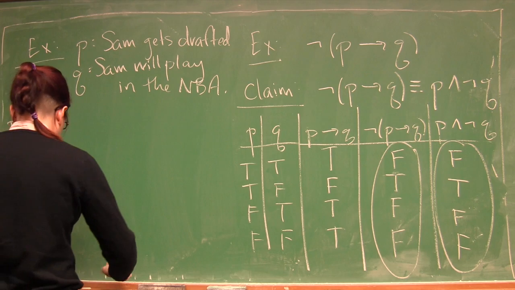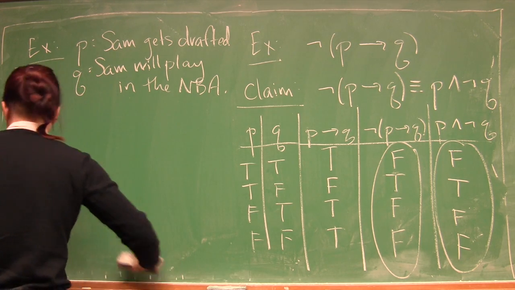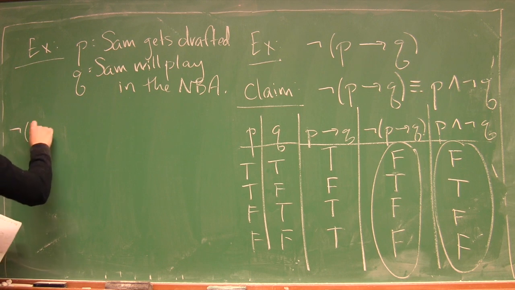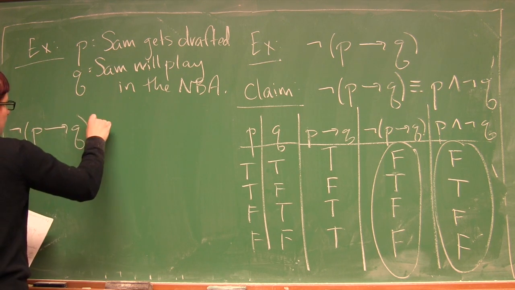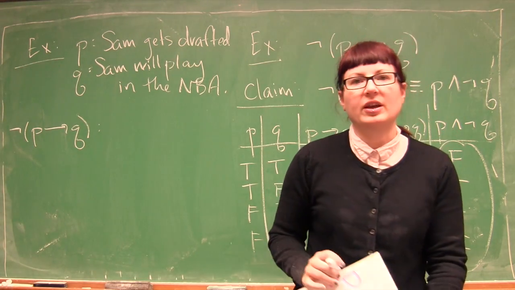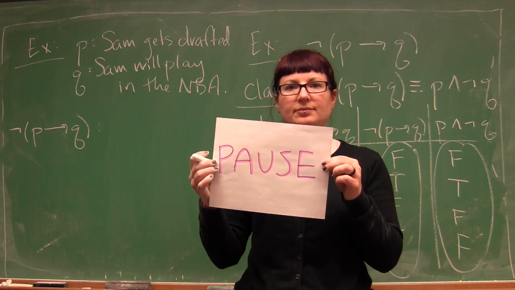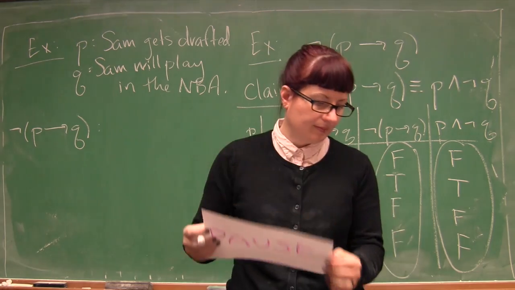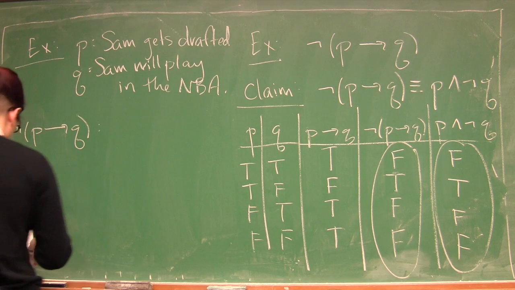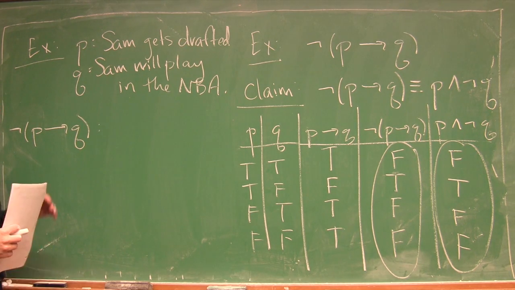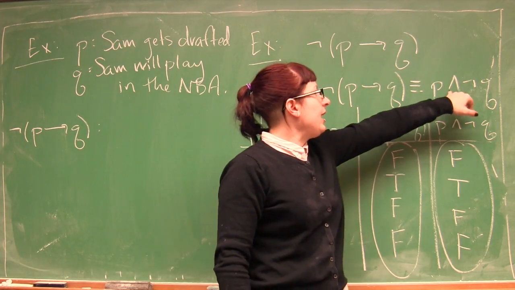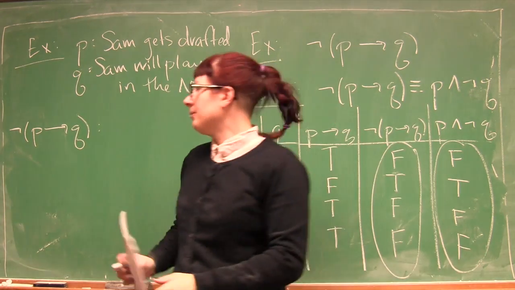What is the negation of that proposition in words? So pause for a second, see if you can figure that out. So the negation, as we can see over here, should be P and not Q, right?